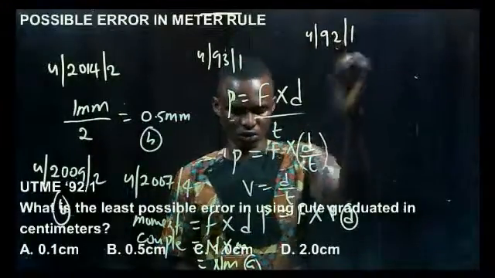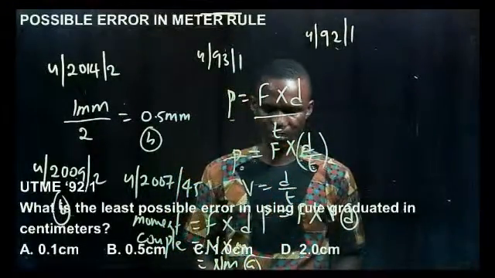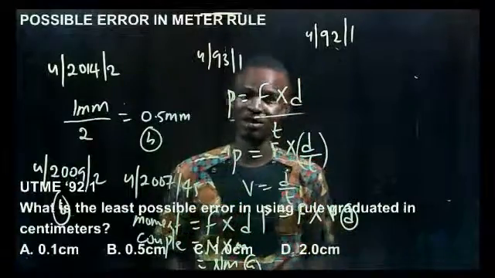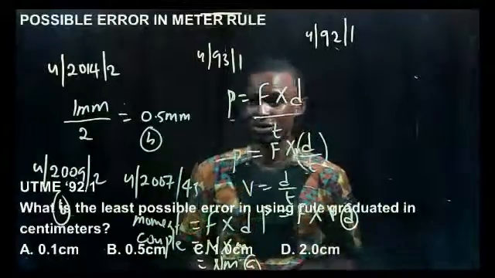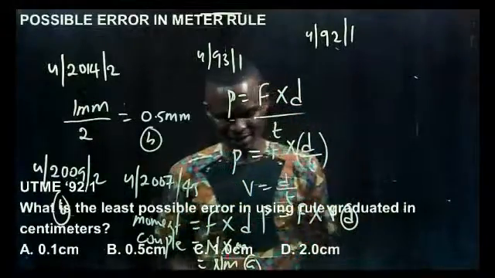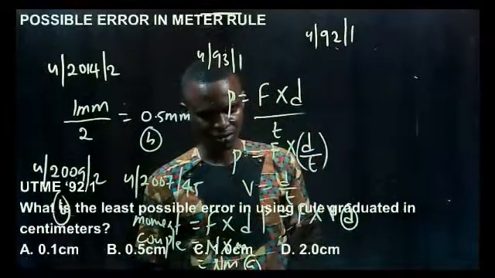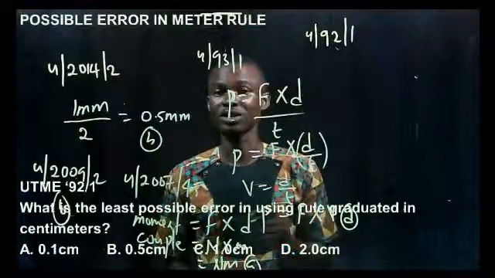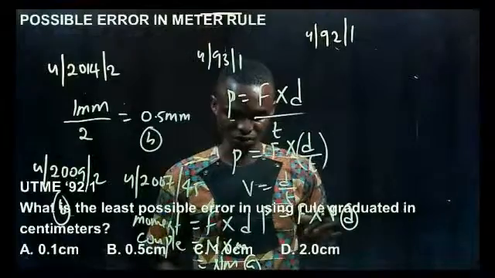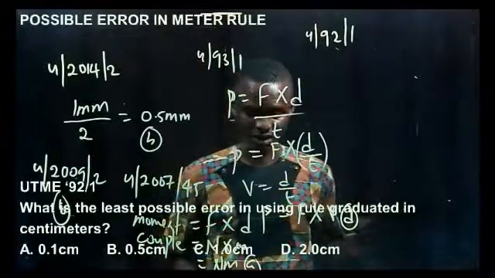This question is on possible error in meter rule again, like we saw in UME 2014 question 1. What is the least possible error using a rule graduated in centimeter? That's what they are trying to say, a meter rule graduated in centimeter.